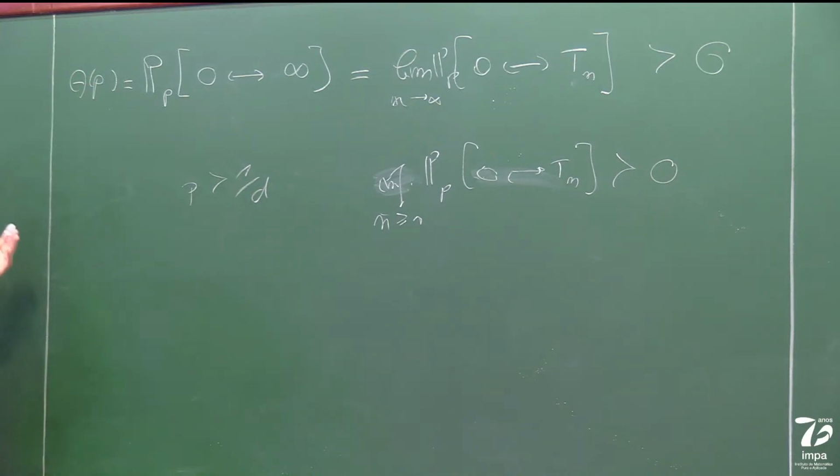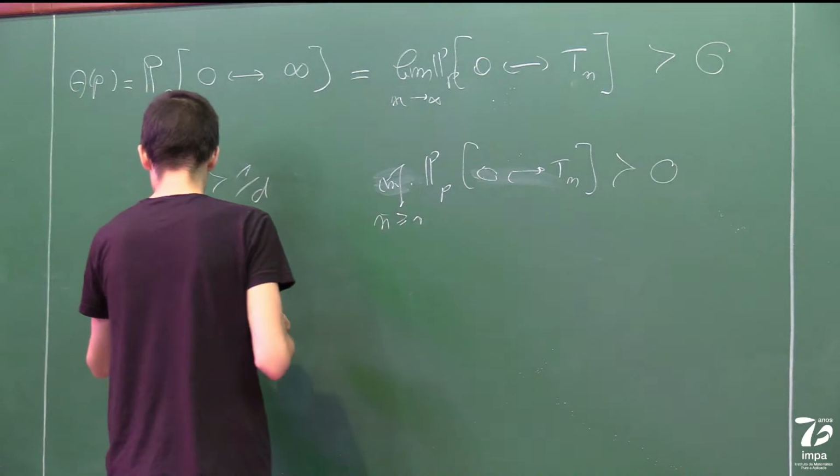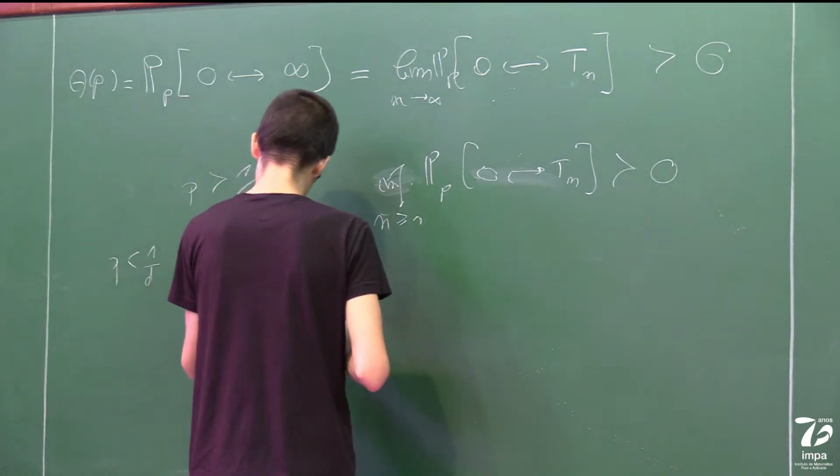And the computation of the first moment already gave us that if P is smaller than 1 over D, then theta P is equal to 0.